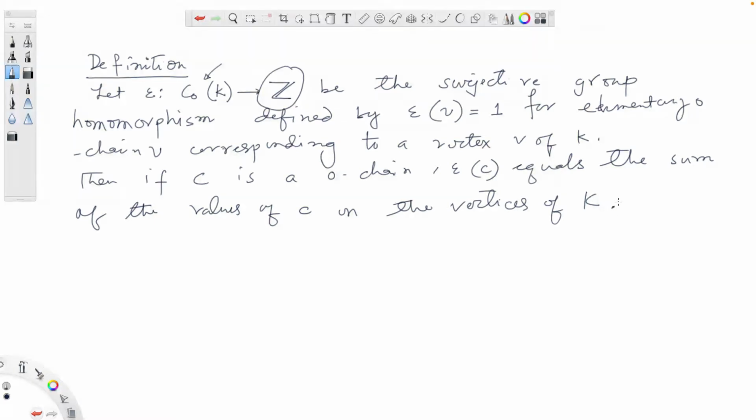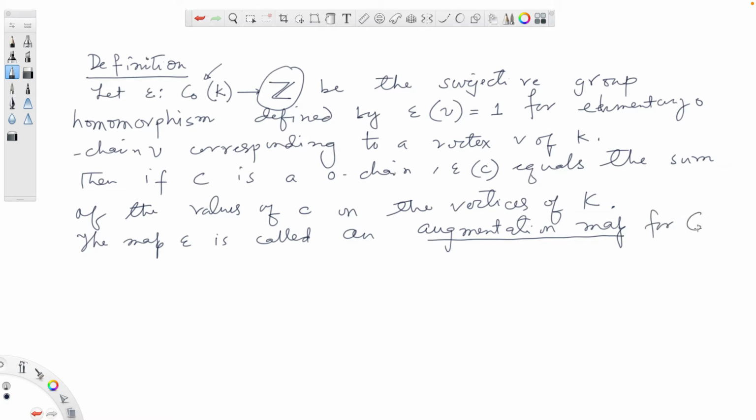The map epsilon has a name. It's called an augmentation map, for the group of zero chains on the complex K.